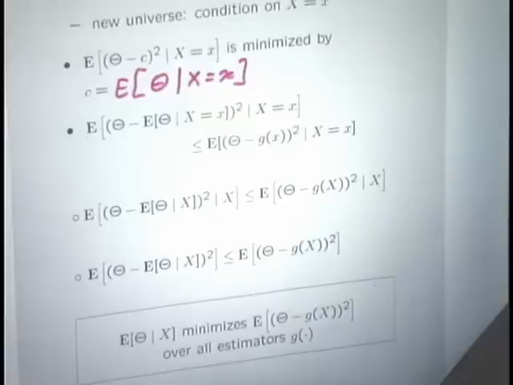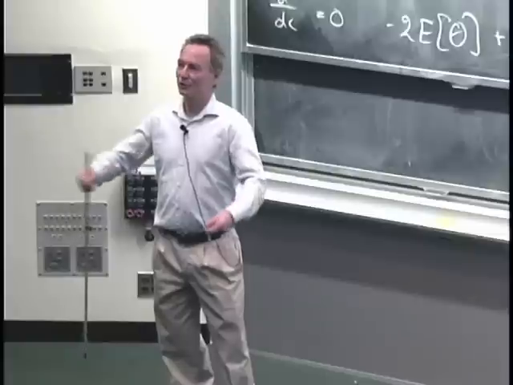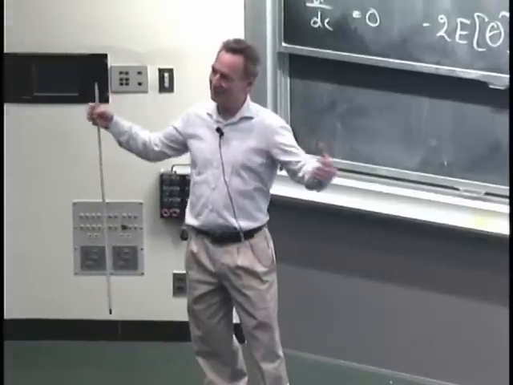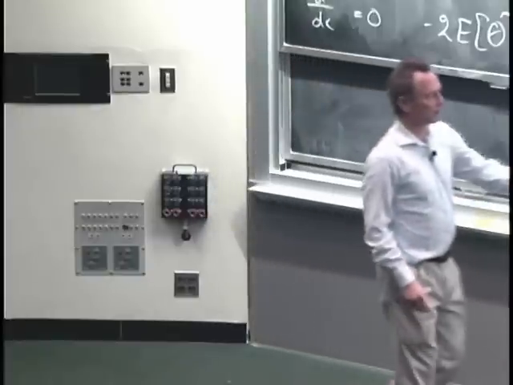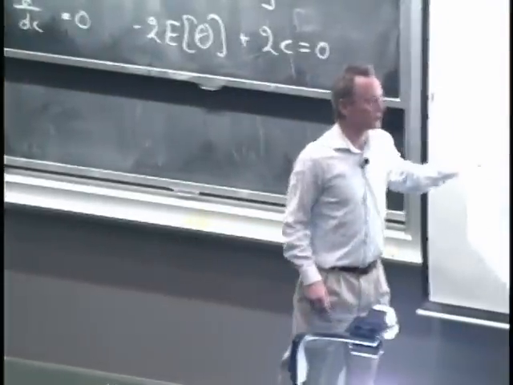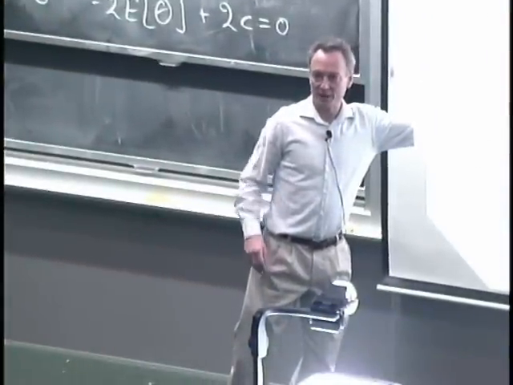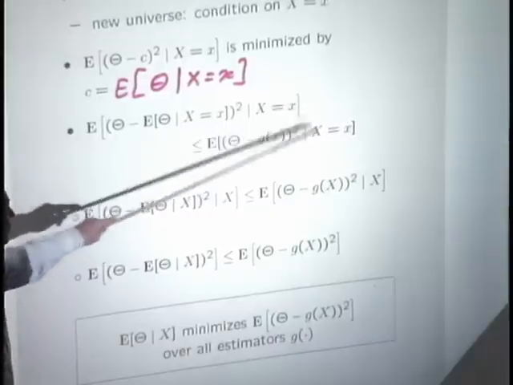If I'm better off for any possible value of x, then I should be better off on the average over all possible values of x. So let us average both sides of this quantity with respect to the probability distribution of x.